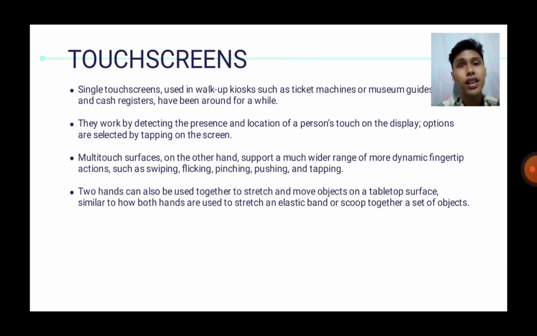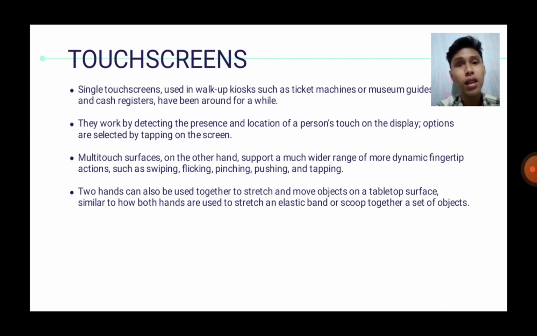Touchscreens. Single touchscreens used in kiosks such as ticket machines, museum guides, and cash registers have been around for a while. They work by detecting the presence and location of a person's touch on a display. Options are selected by tapping on the screen.